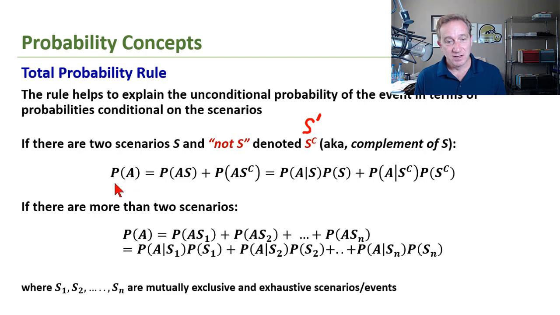But then we say here the probability of A could be expressed as the joint probability of A jointly with S, plus the probability of A jointly with not S, or the complement of S. And then each of those, this joint probability of A and S, as previously discussed, we can express as the unconditional, aka marginal probability of S, multiplied by the probability of A conditional on S. So we've expanded now the unconditional, aka marginal probability of A, as a summation of these terms.